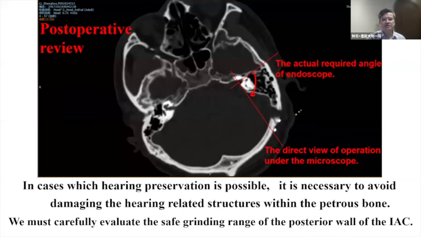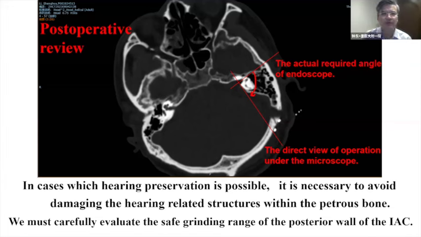In cases in which hearing preservation is possible, it is necessary to avoid damage to hearing structures within the petrous bone. We must carefully evaluate the safe grinding ridge of the posterior wall of IAC.